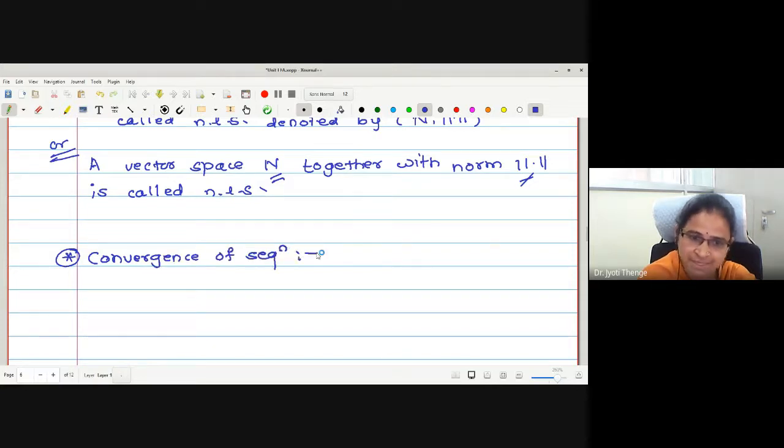Convergence of a sequence. Let N with norm be a normed linear space.